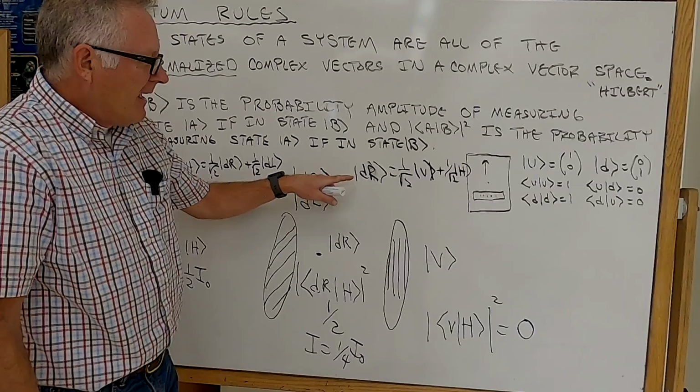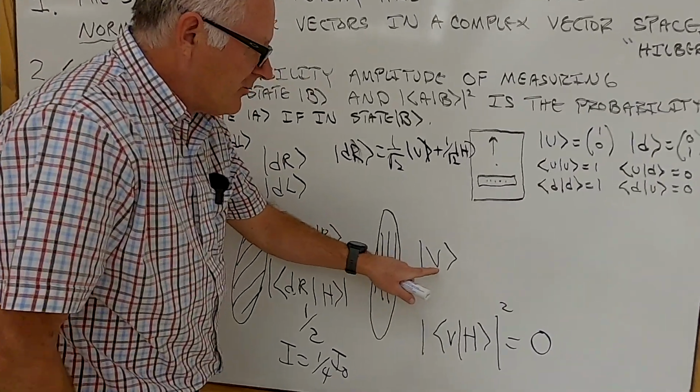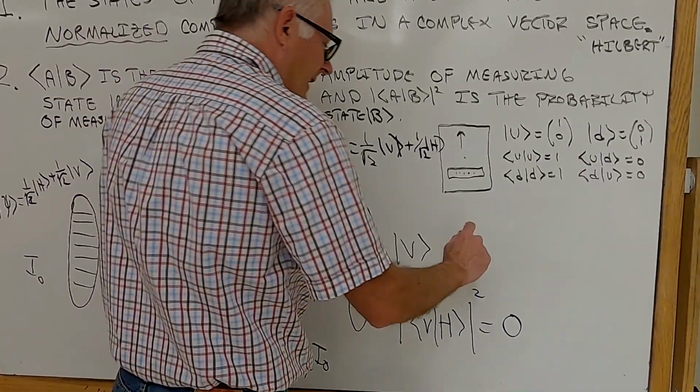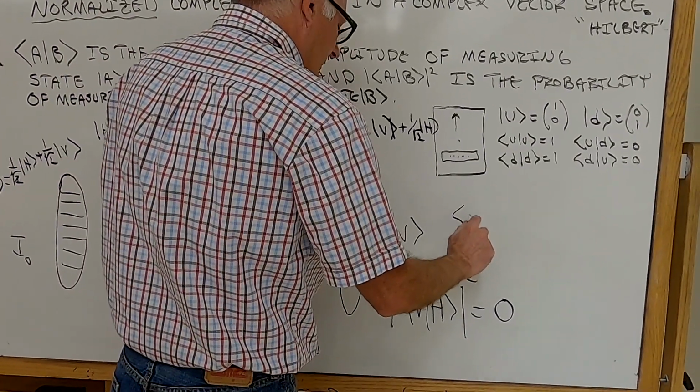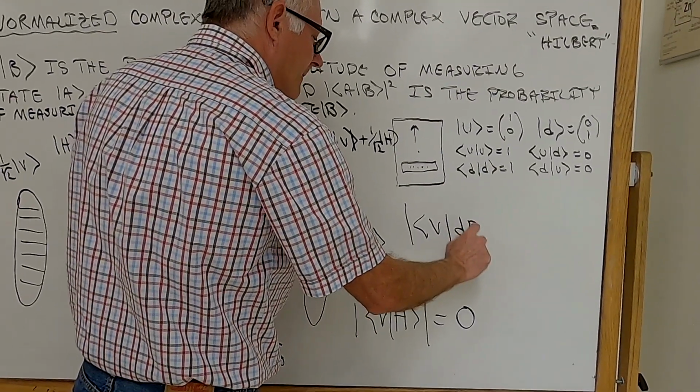So now, what do I want to calculate? The probability of measuring V if you're in diagonal right.